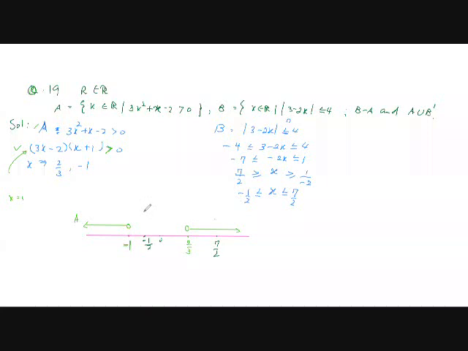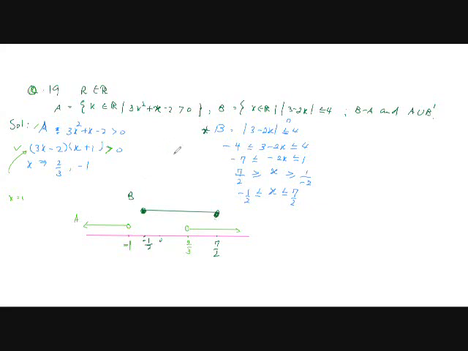So we know right away they should intersect. And both of them have equal sign, so these should be closed. And then you draw the line. Okay. When we have this one, this is set B.